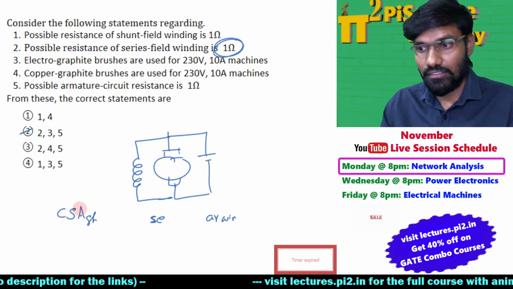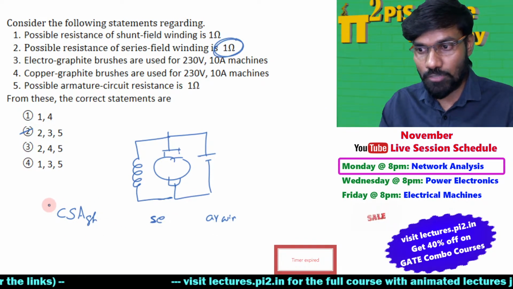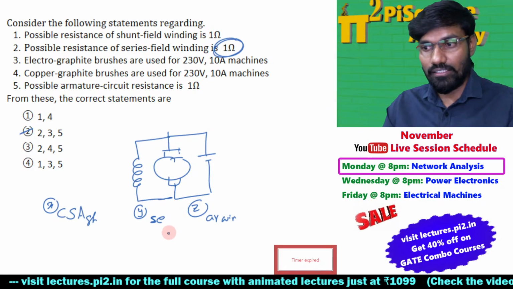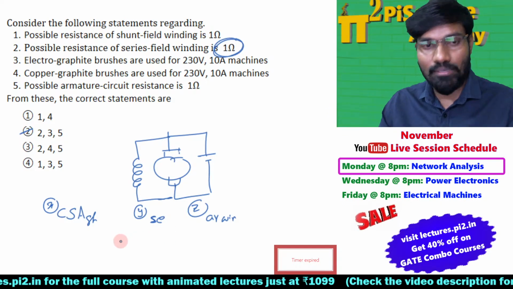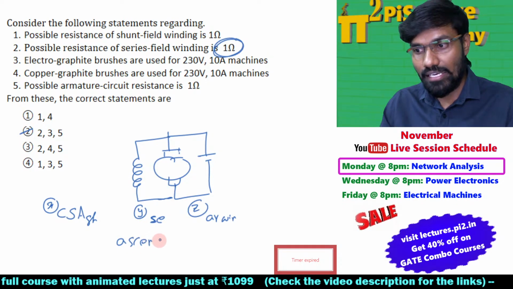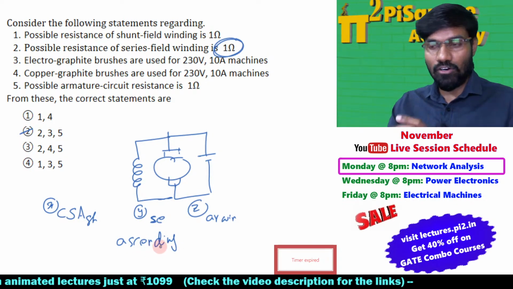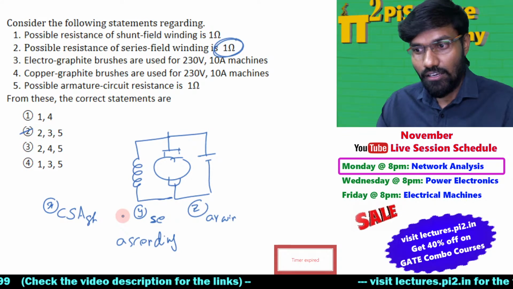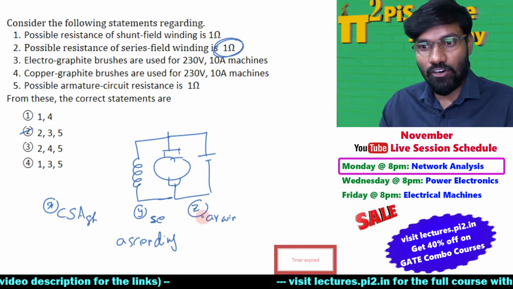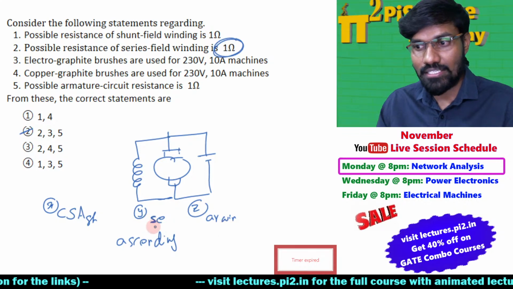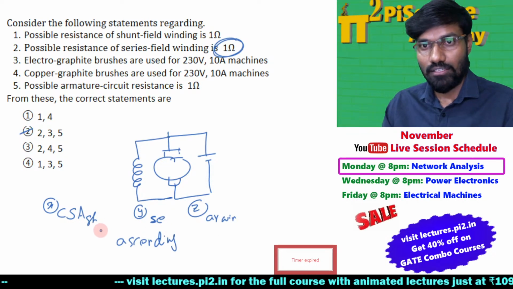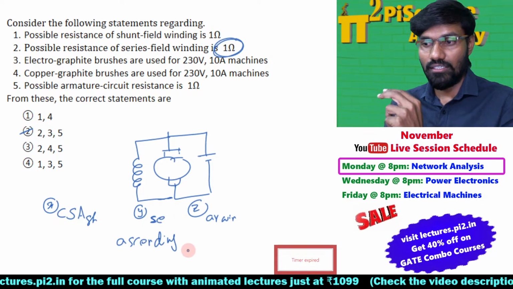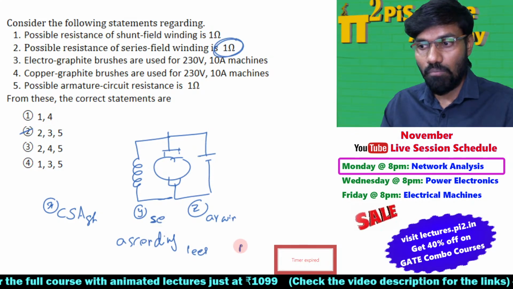Let me consider these as X, Y and Z. Give it in ascending order, less to more. Those watching the rebroadcast, give it in the comment. What is the ascending order of cross-sectional area of armature winding, series field winding, and shunt field winding?